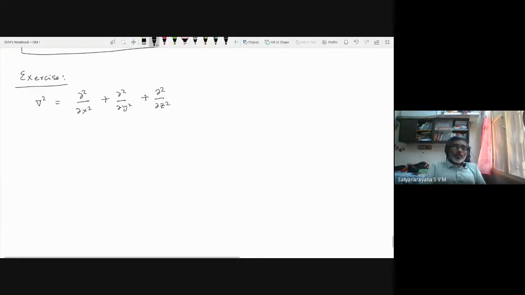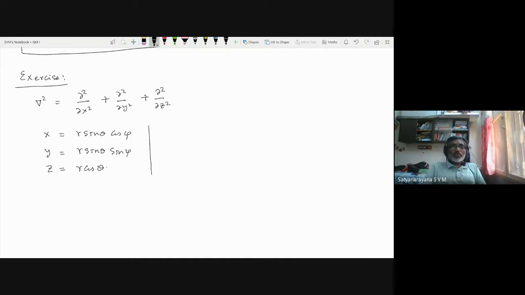Now in spherical polar coordinates, we have something like this: x is equal to r sine theta cos phi, and y is equal to r sine theta sin phi, and z is equal to r cos theta. Okay, so this is our spherical polar coordinates.